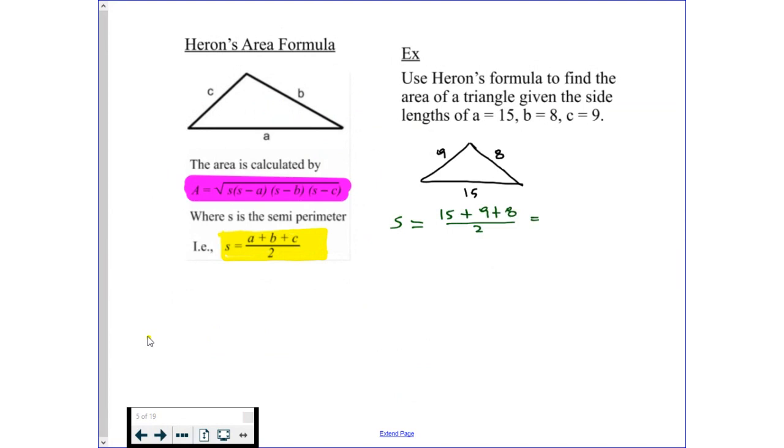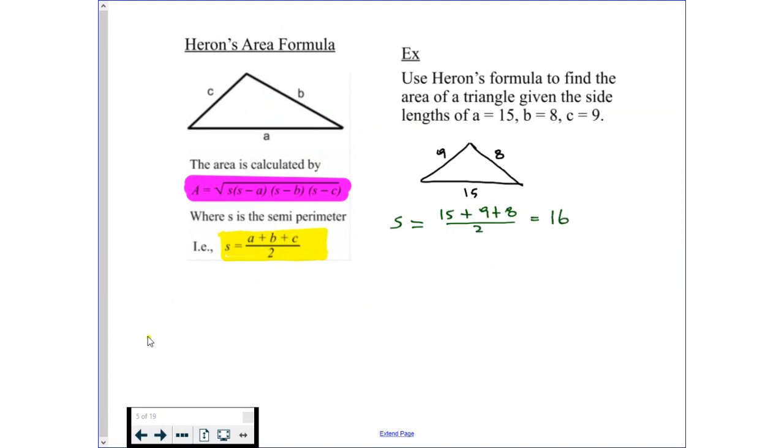Multiply and divide by 2. I don't see your answers. So it is 16. Excellent. So S is 16.